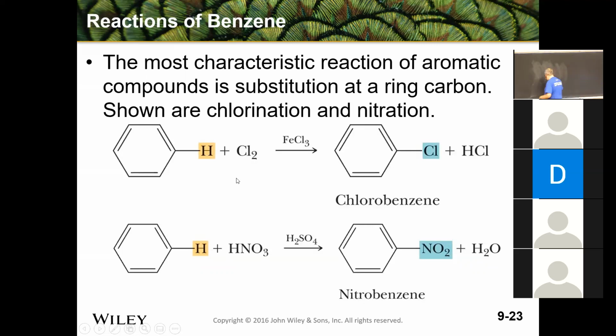If we had an alkene, such as cyclohexene, we would get the dichlorocyclohexane. We would get an addition. Instead, we're getting a different reaction.